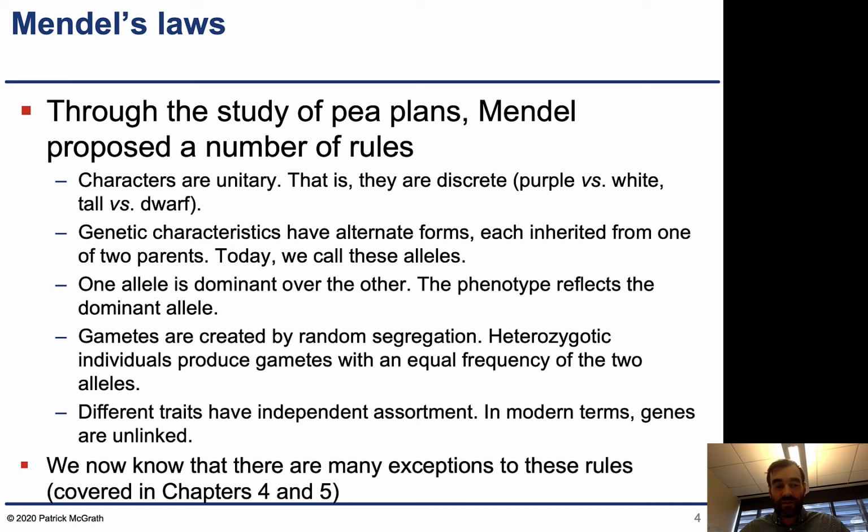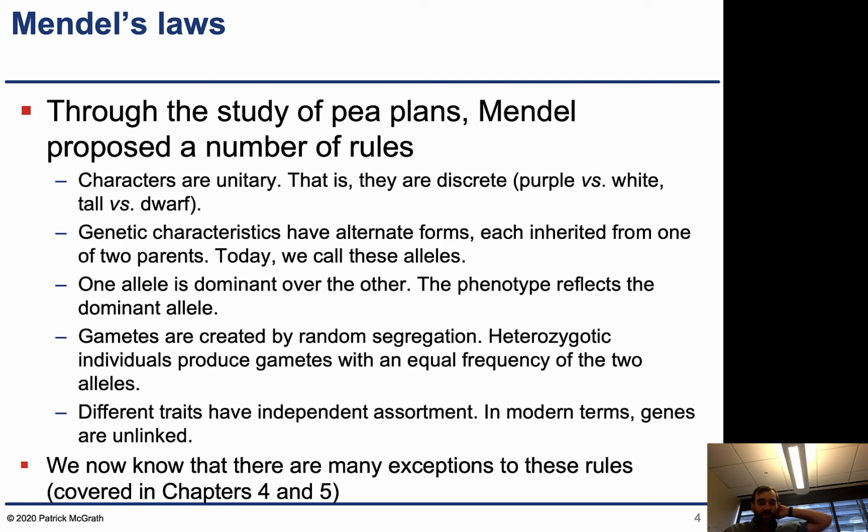There's not one that has a preference over another. And finally, if you look at different traits and different characters, they have independent assortment. In modern terms, genes are unlinked, but one way you might think about this is that the genes are present on different chromosomes, and so they sort completely independently.